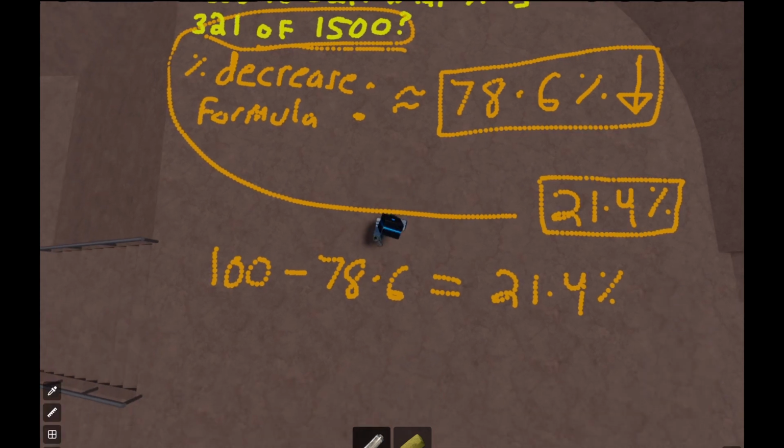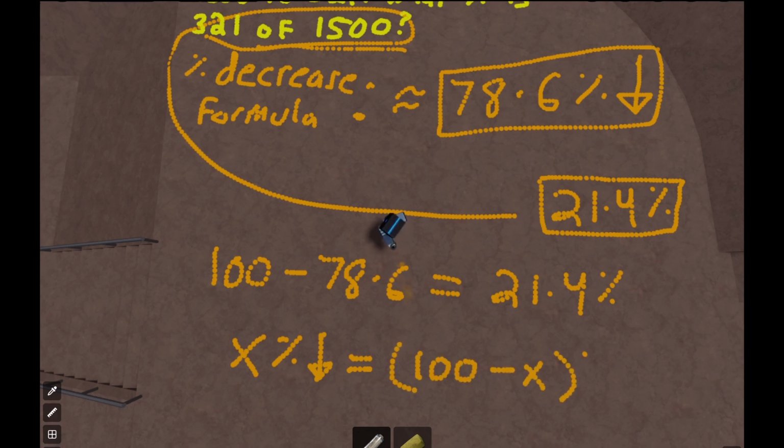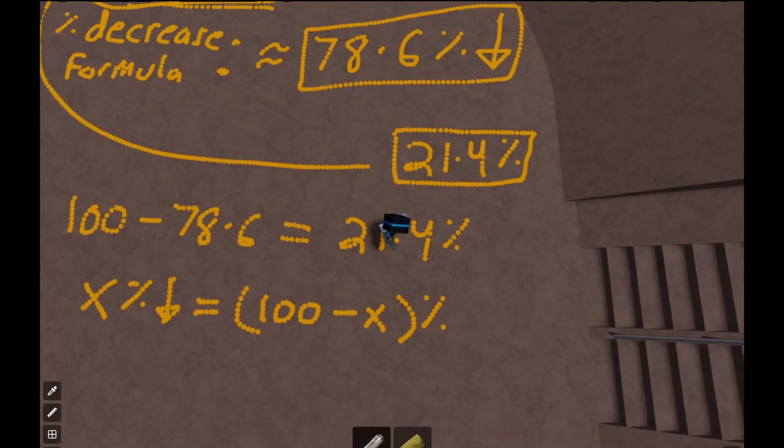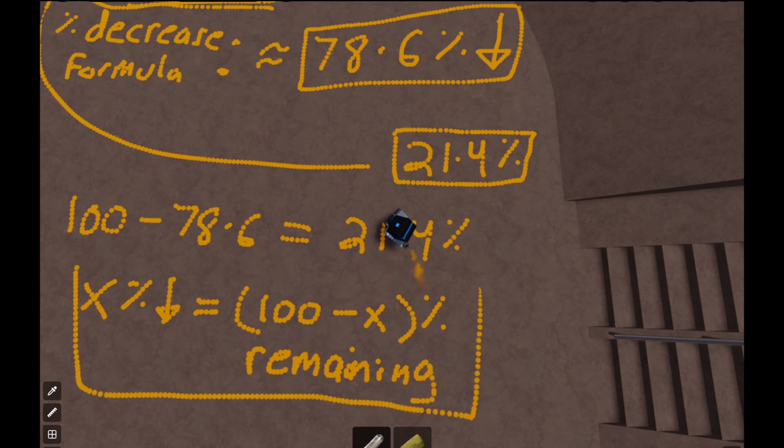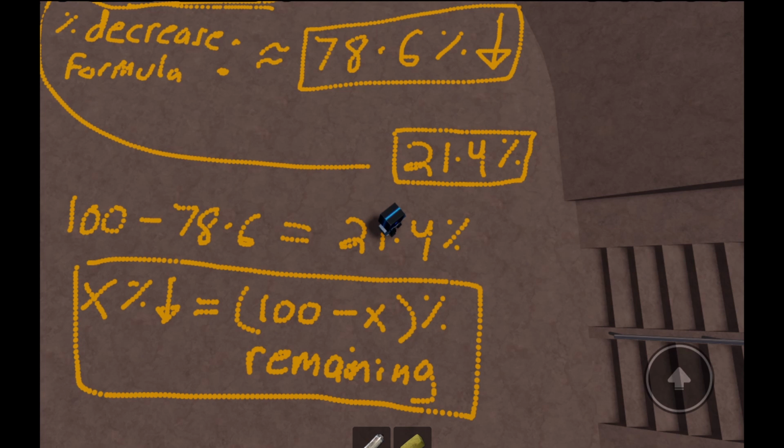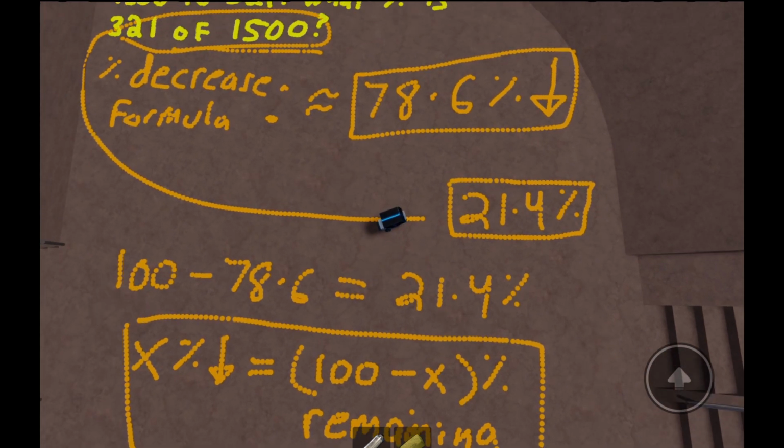If you have an X percent decrease, what this means is that you have 100 minus X percent remaining of a number. And in this problem, after you took out 78.6% of 1500, you're only left with 21.4% of 1500, which was 321. Let's move on to the next problem that applies these ideas.